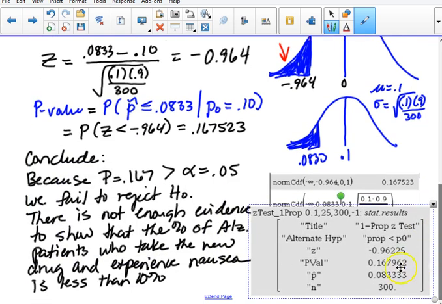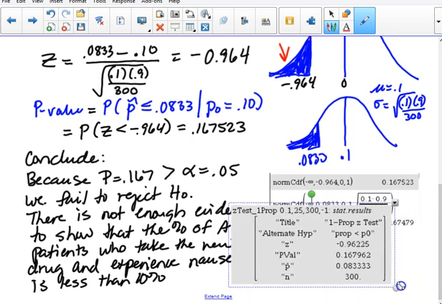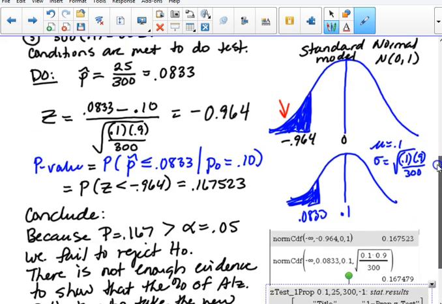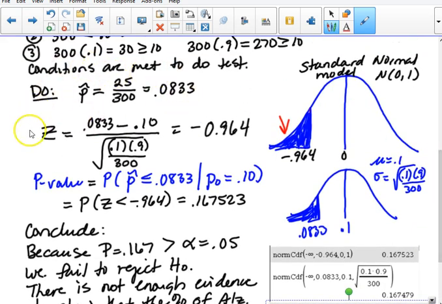So what do you need to show as far as the work? You need to show the sample proportion, you need to show the calculation of the test statistic, and you need to show the value of the p-value.